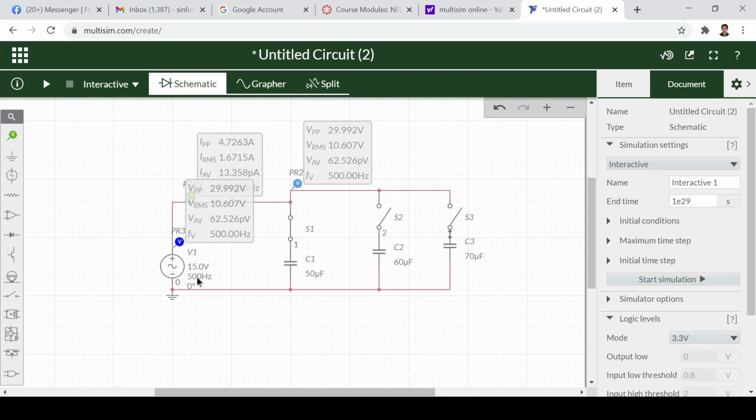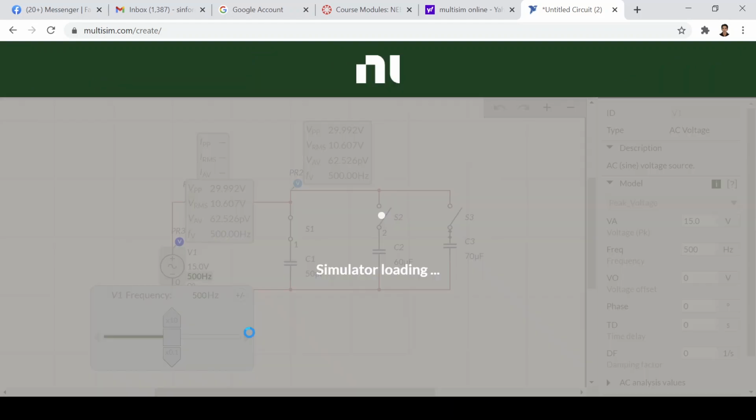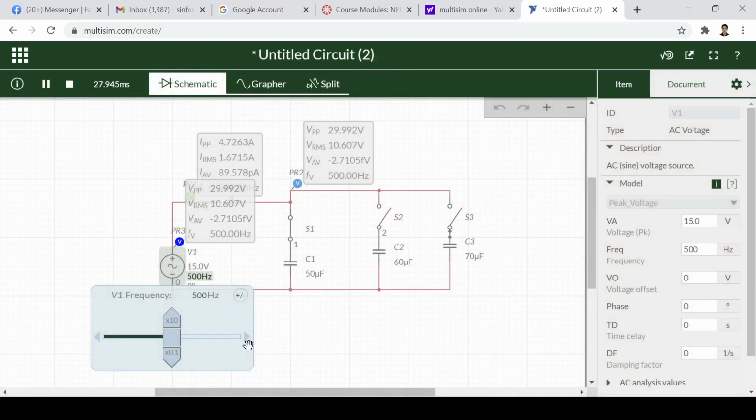So here we shall increase this to 600. Let's run the circuit and observe how the values of the voltage and current change as we increase the frequency of the supply from 500 to 600. As you can see, the value of current increases, but the voltage supply is the same.